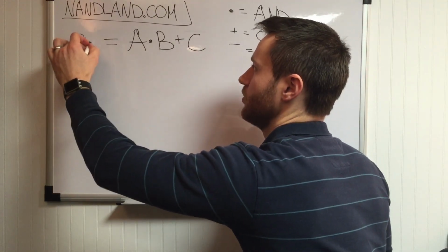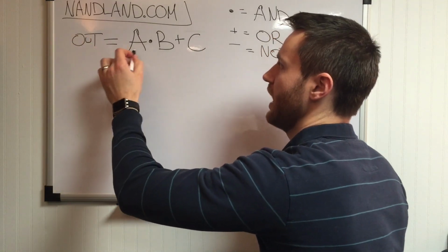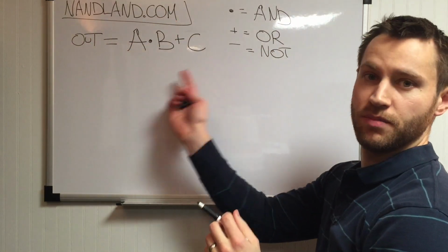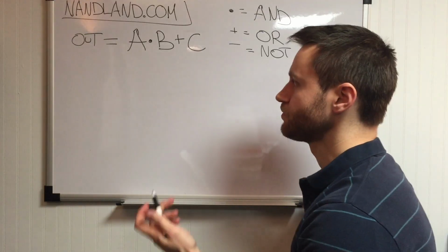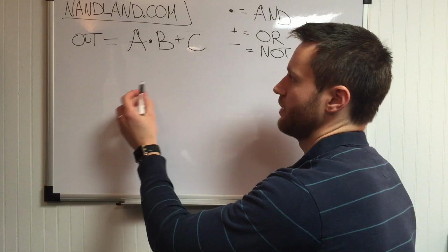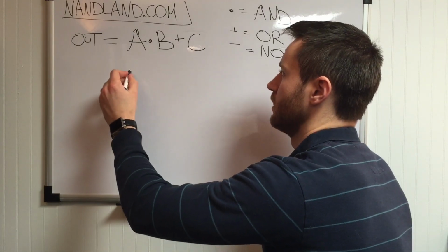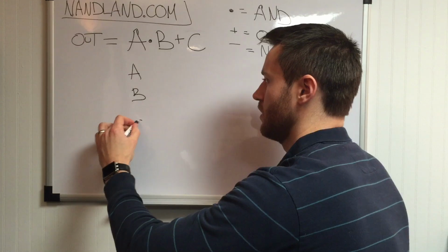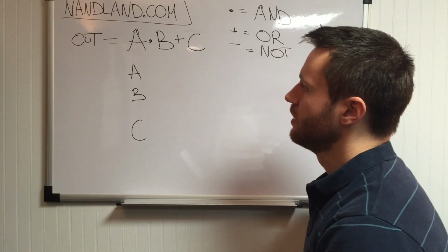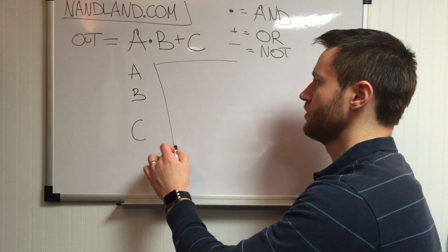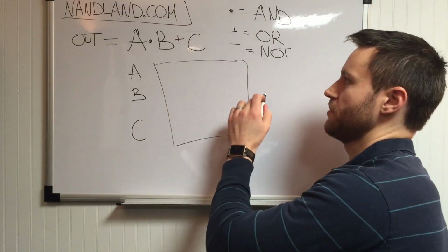So your output is equal to A and B or C. A, B, and C are your inputs, out is your output. So if we were to draw this out, here's how I would recommend doing it. You have on the left here A, B, and C. And so what does your middle area here look like? This might be your FPGA.